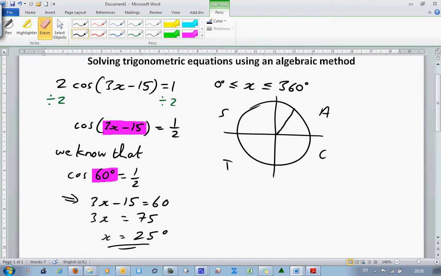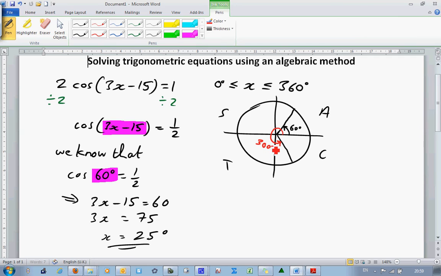Where else is the cosine positive? In the fourth quadrant. So we've got first quadrant 60 degrees, which is the thing that we definitely must know. And then we've also got this angle here. Looking at the circle, this is 360 minus 60, which is 300 degrees.